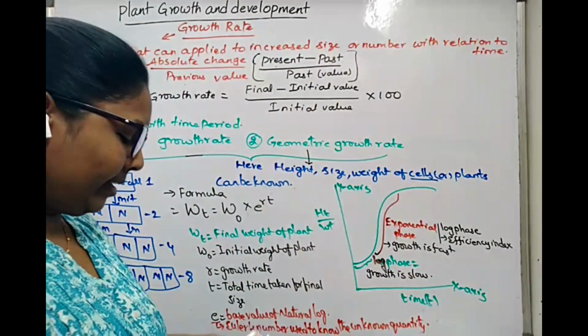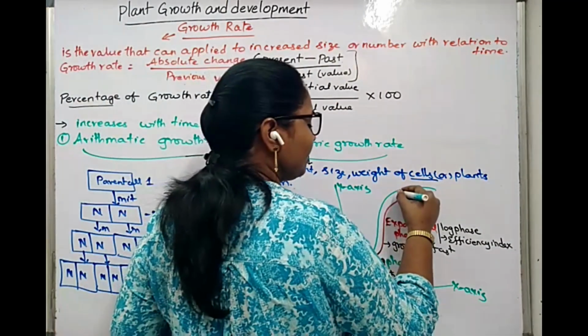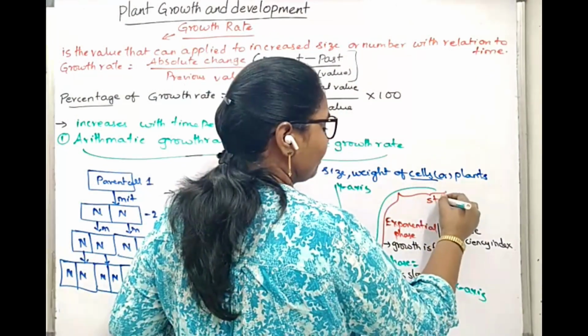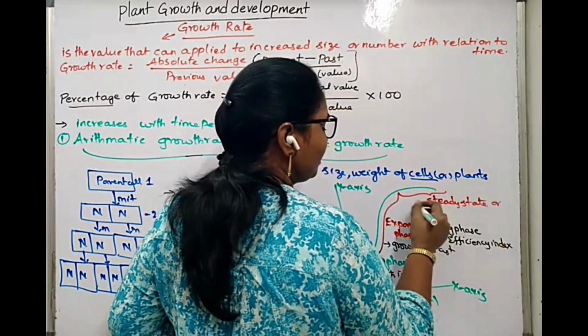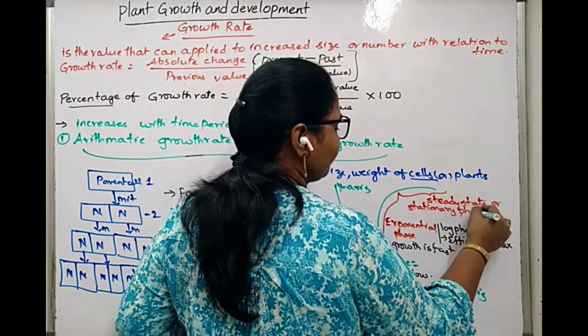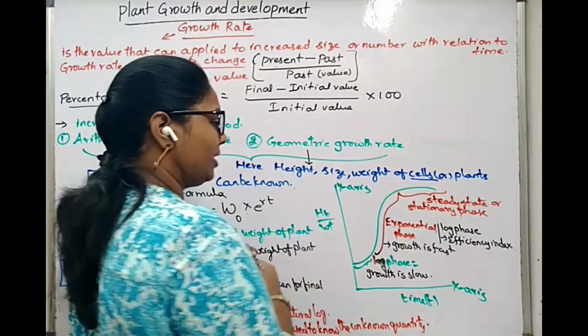After certain time period, the required food material or the resources will be finished off and the growth will be reached to steady phase. Steady state or stationary phase. By the time here, the resources might have been finished.